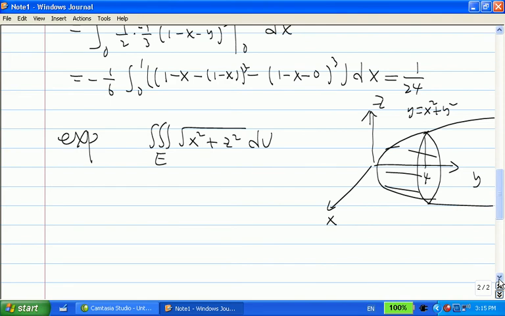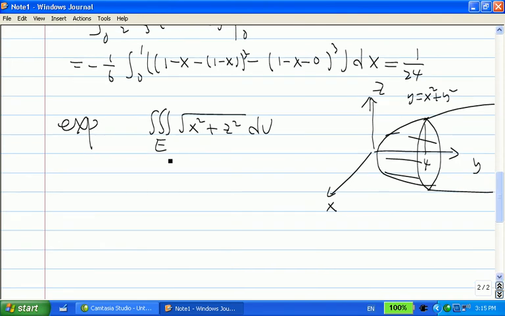Now to calculate this triple integral, we need to write it as an iterated integral. First of all, change it to a double integral. We have several ways to do that, just like with double integrals. Like what we did before, you can project this solid region onto the xy plane. You can imagine you will get a parabola like this.